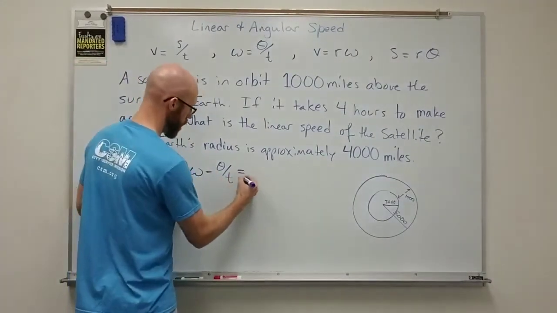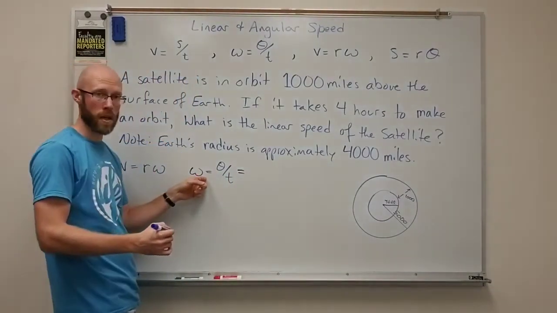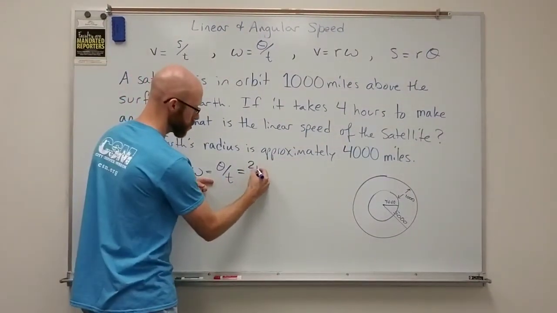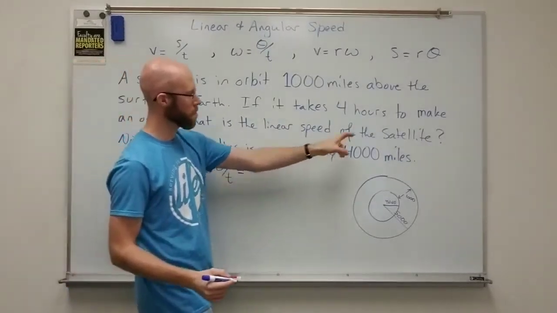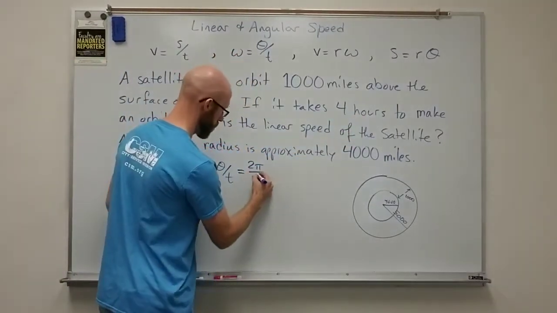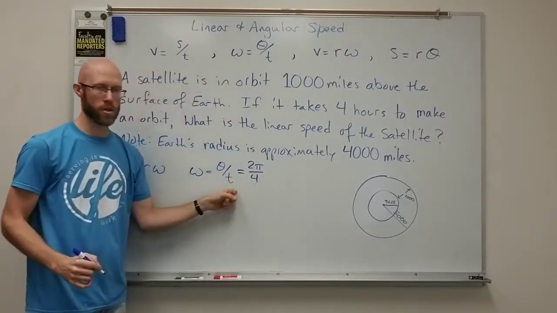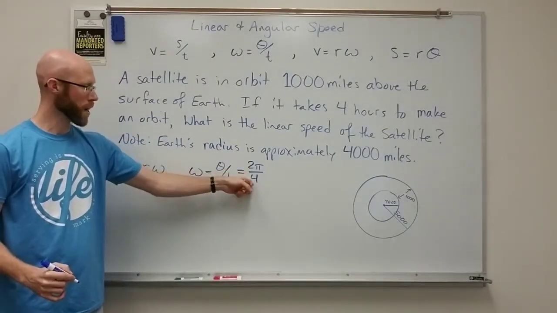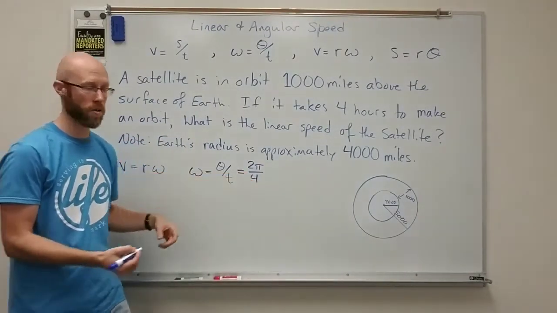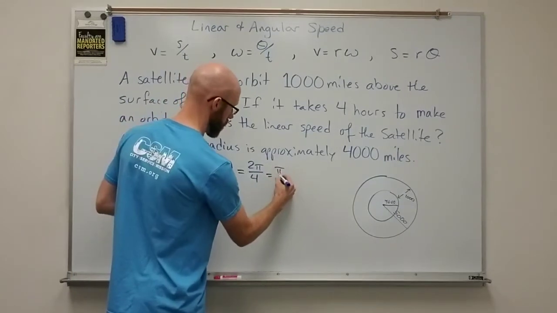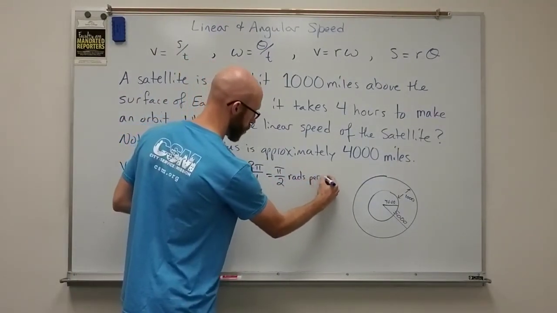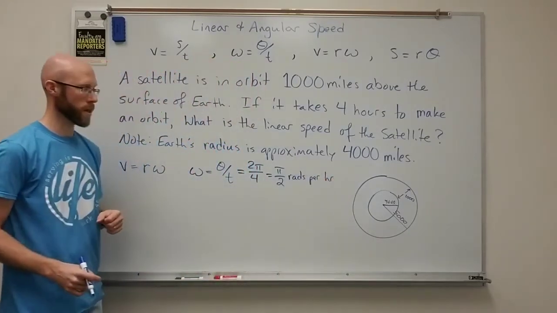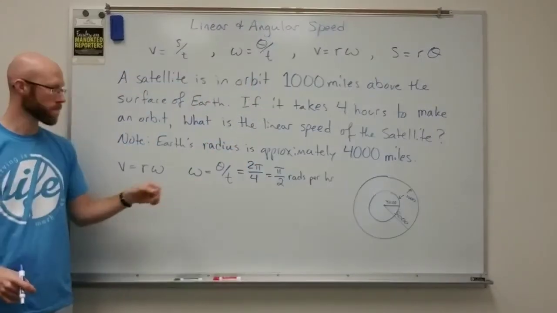So the angular speed is going to be your 2 pi radians, that's your orbit, divided by 4 hours, okay, which is your time. 2 pi over 4 reduces down to pi over 2. So you get pi over 2 radians per hour. Okay, that's your angular speed.